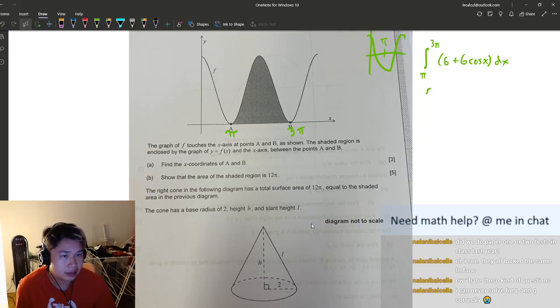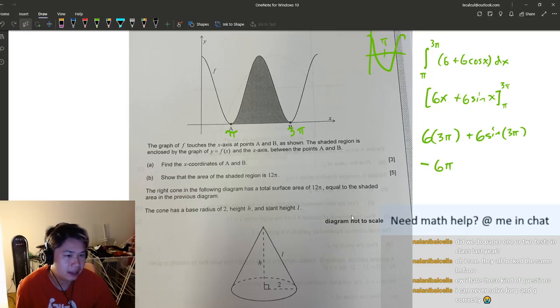Take the integral, you get 6x plus 6 sine x, plug in 3 pi, plug in pi. Then you're going to have 6 times 3 pi, plus 6 times sine 3 pi, minus 6 pi minus 6 sine pi.